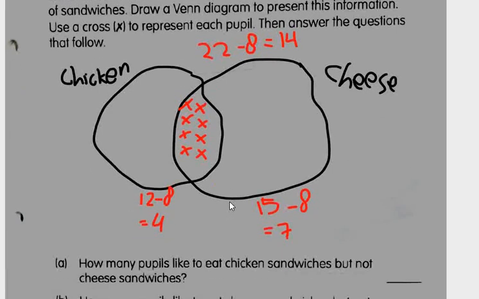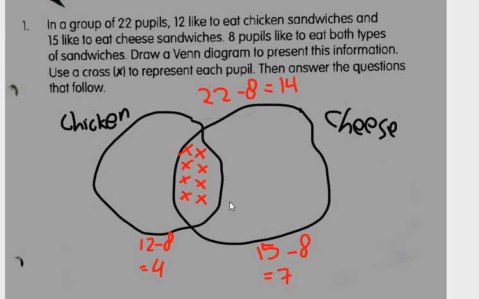So 8 already been drawn, and what is left for the chicken is only 4, and then what is left to draw for cheese is 7.